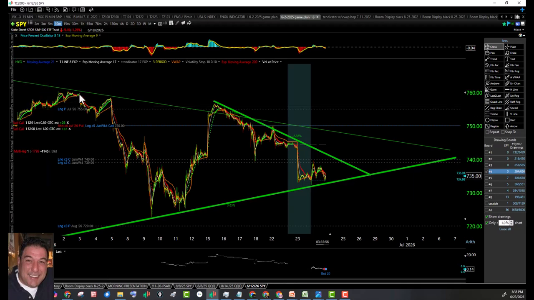So the 2nd and the 4th, you put a straight line there, and that should drag it all the way down to this area out here. So I foresee price ping-ponging back and forth between this lower uptrend line and this higher downtrend line right through there. So we'll see what happens.